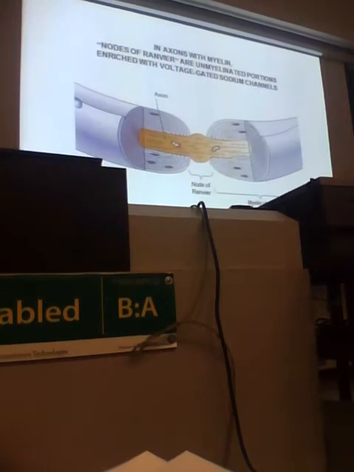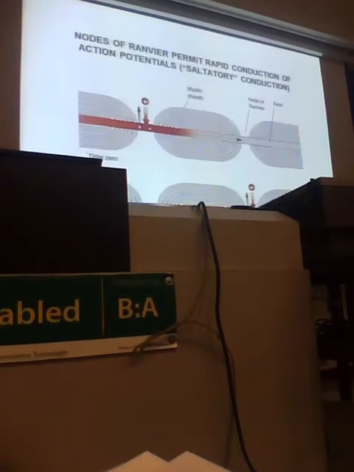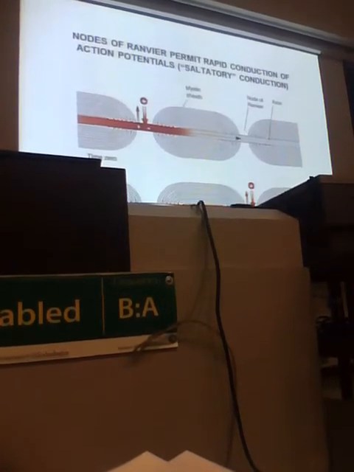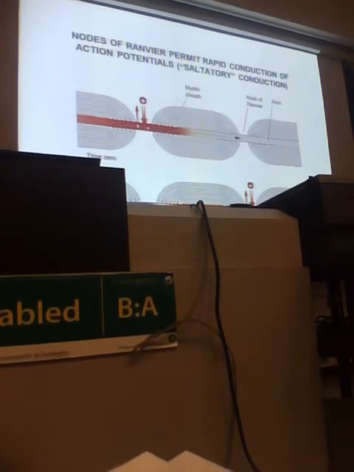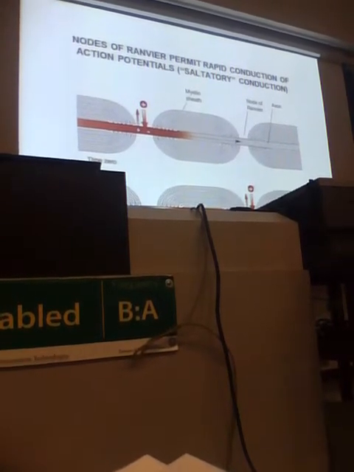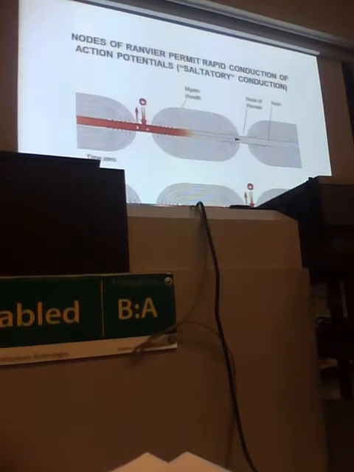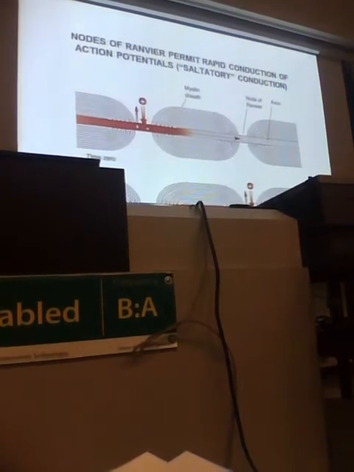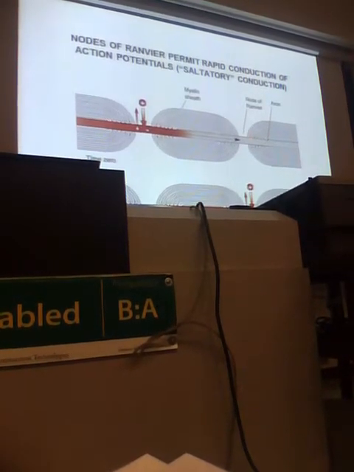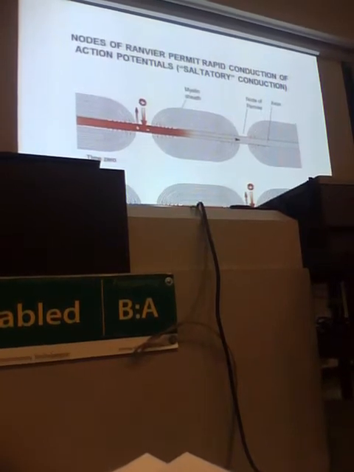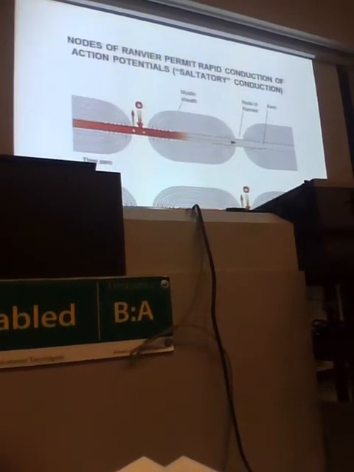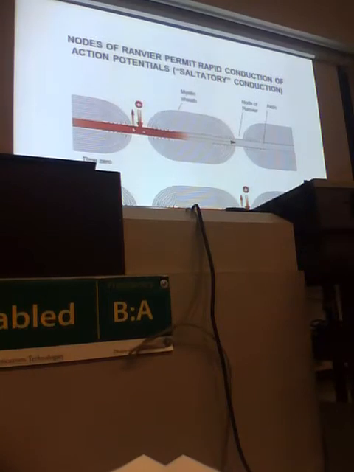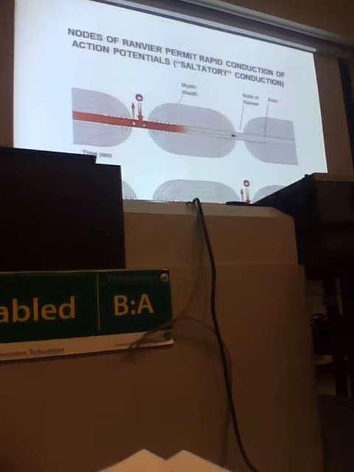So as the action potential spreads along the axon, in between the nodes, there's a little bit of reduction in amplitude as some tiny amount of current does leak out. But by the time the action potential reaches the next node, there's enough voltage to really activate sharply the sodium channels, and the sodium channels will actually replenish the amplitude, reboost the amplitude of the action potential.